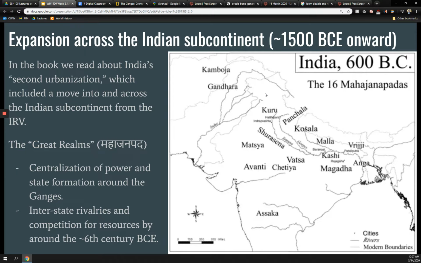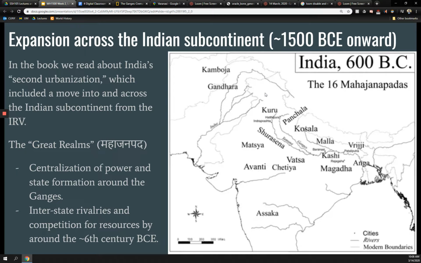And as we will see with China, a lot of these religious figures who we see coming out and promoting different schools of Hinduism, and Buddhism is one of them, are advisors to the leaders of these realms. So one reason that we see a fragmentation in multiple forms of Hinduism is these different realms.